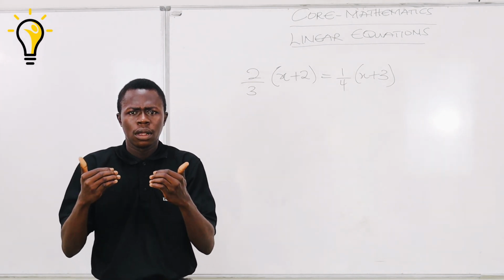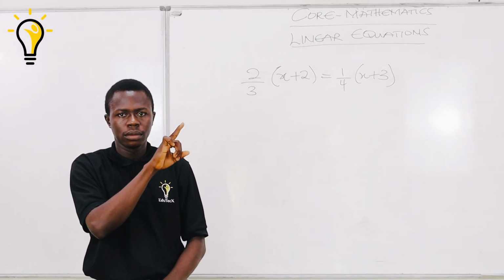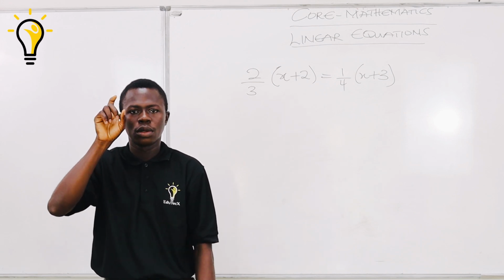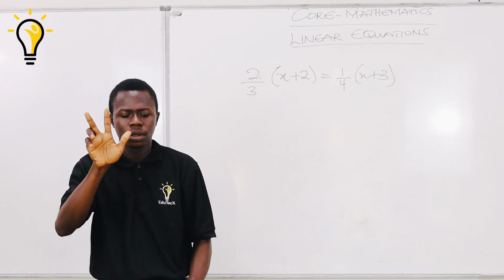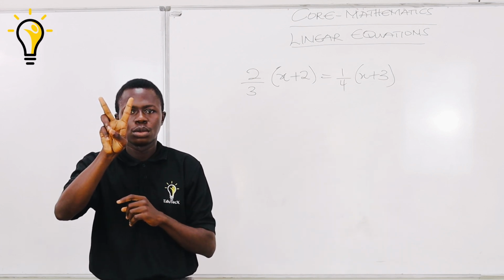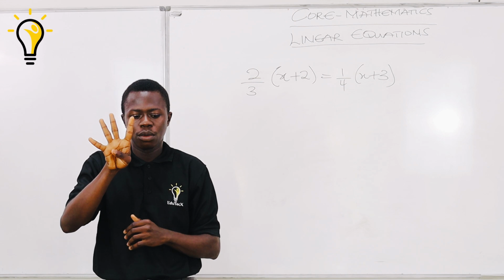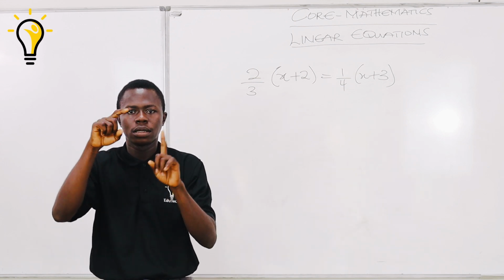Now, again, we have an example on the board expressed as 2 divided by 3 in one bracket, x plus 2, equals 1 divided by 4 in another bracket, x plus 3.